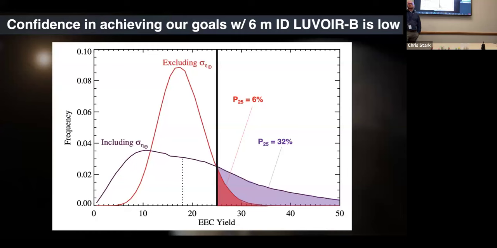I'm going to call this fraction P25. And if you do that for a baseline 6-meter inscribed diameter version of telescope B, you can see you get very small values, 6% and 32%. That's not particularly encouraging. So our conversation needs to be, how do we achieve a larger P25 value to make sure we're achieving scientific success here?